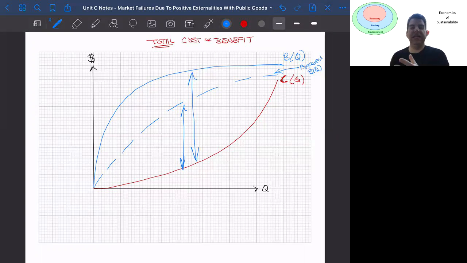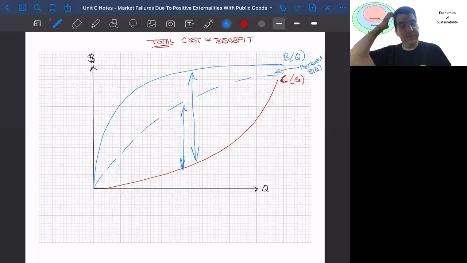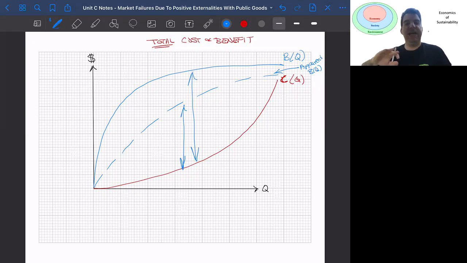And so the idea here is that if you only worried about the members, if all of society's benefit was just in the members, then we would end up producing a little bit less than the socially efficient equilibrium. But because there are freeloaders out there that are benefiting as well, our benefit curve is actually still accelerating faster than our cost curve is, which tells us that we should actually be making more.